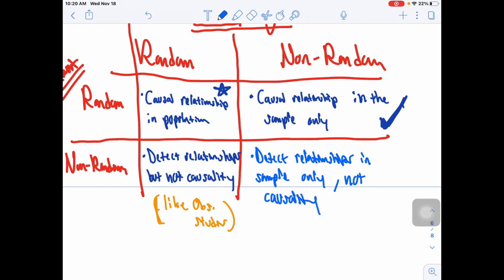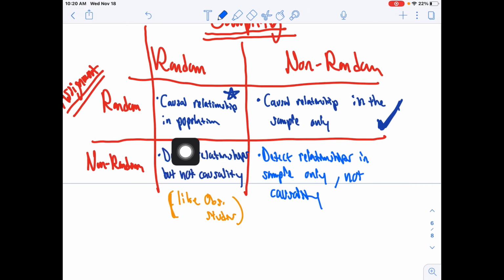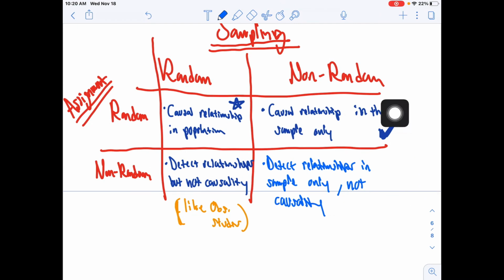So we can't do causality. Over here, the relationships, we can make general statements to the population. Over here, we can't make general statements to the population. It's kind of stuck to our sample only because we didn't gather a random sample.